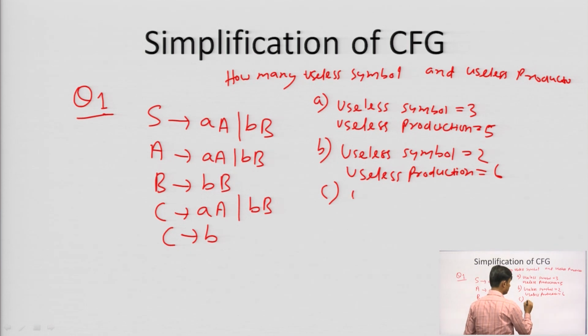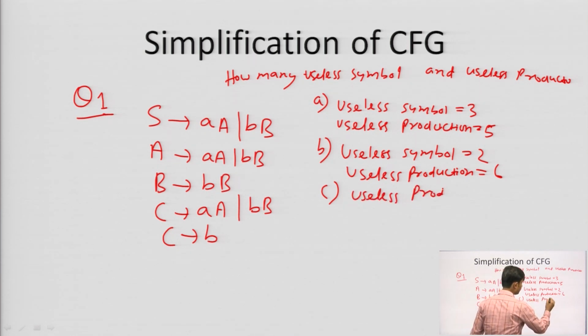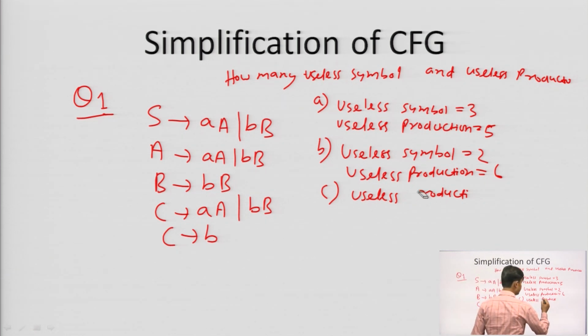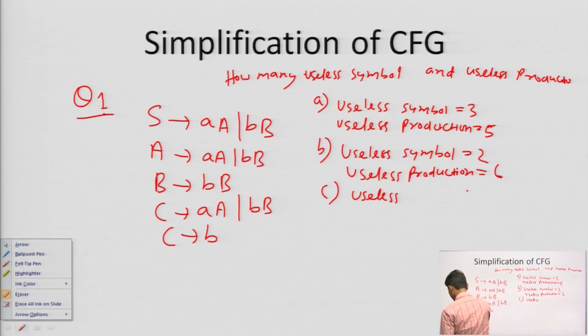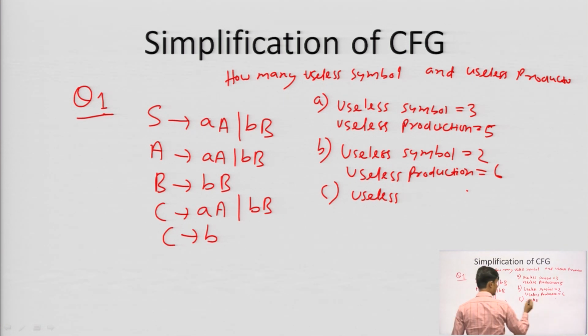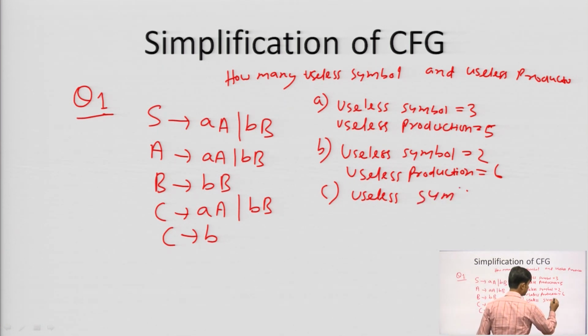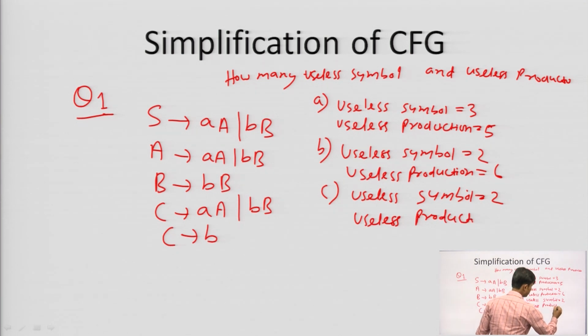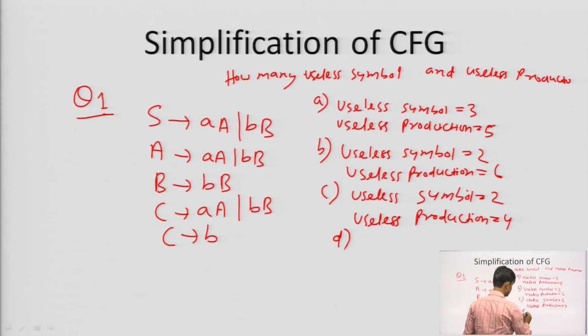Option C: useless symbols is 2 and useless productions is 4. Option D: none of these.